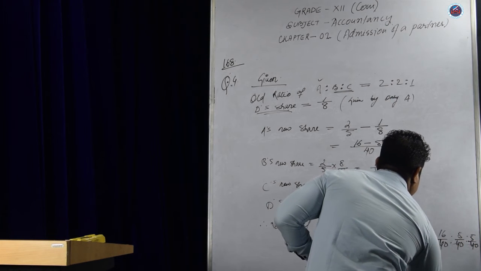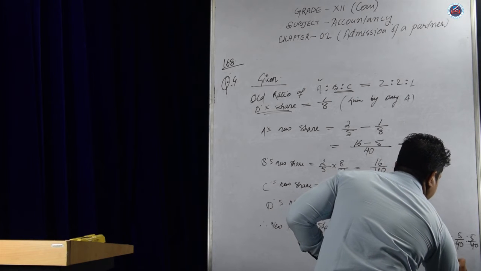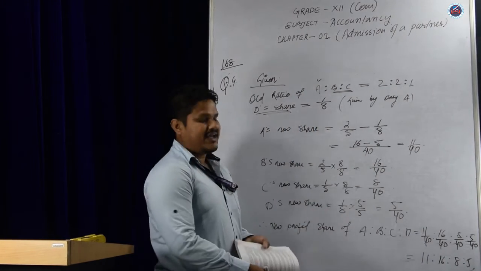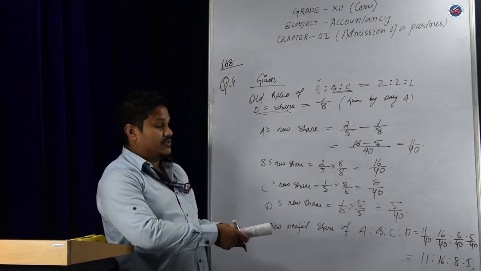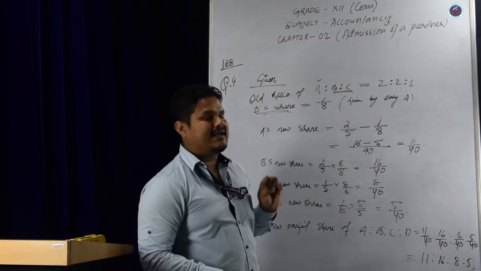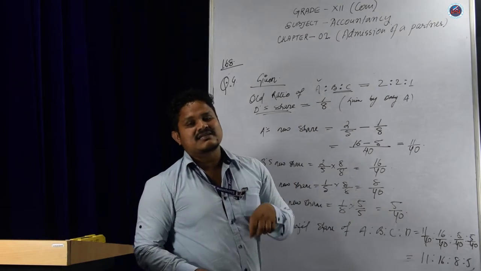Cancel it, and the answer will be 11 is to 16 is to 8 is to 5. That is the new profit sharing of A, B, C and D after D is admitted, with D getting the share from A only and the remaining two partners remaining the same.